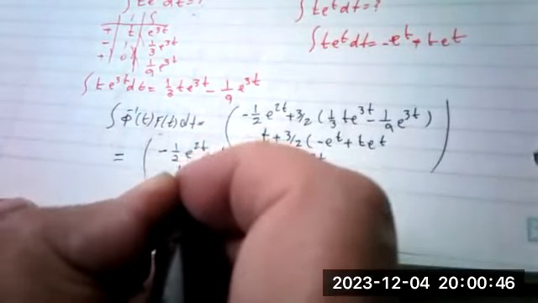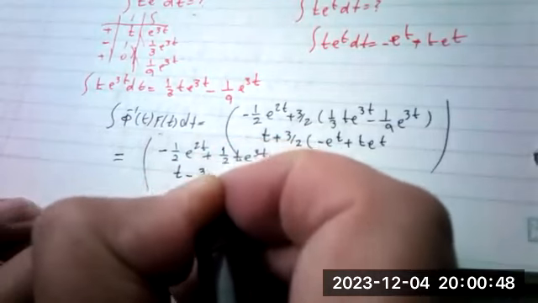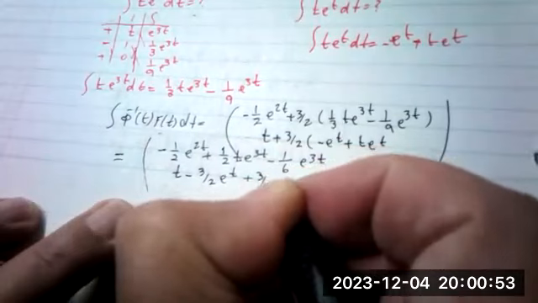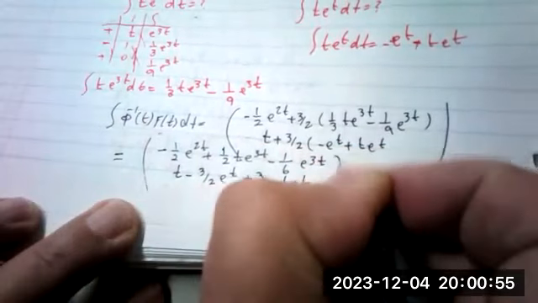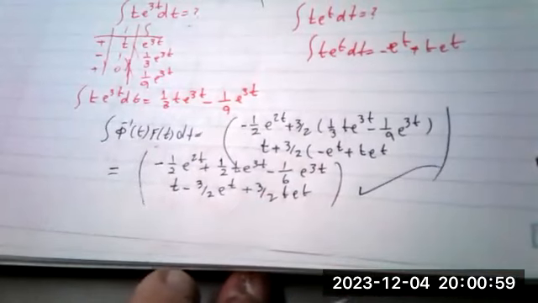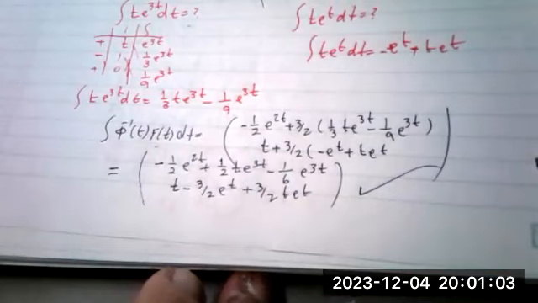Okay, the second one: t minus 3/2 of e to the t plus 3/2 of t e to the t. So that will be the result of the integral. Multiply by phi of t, then that gives you the final answer.